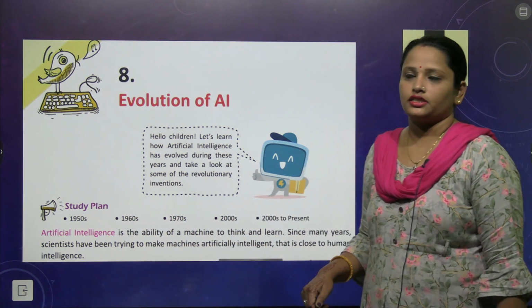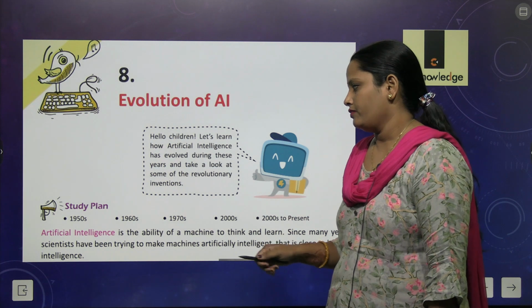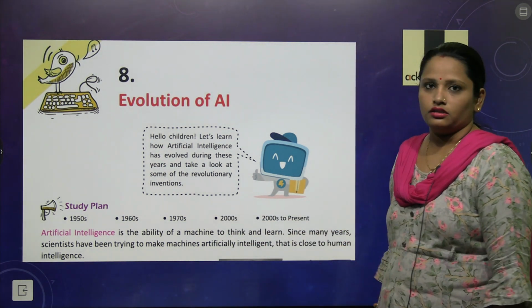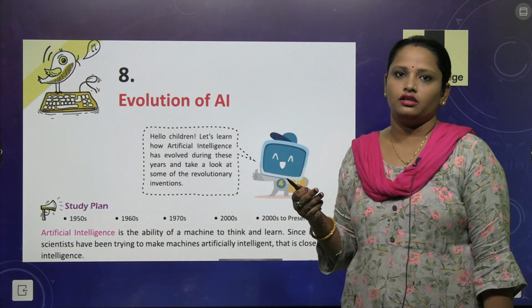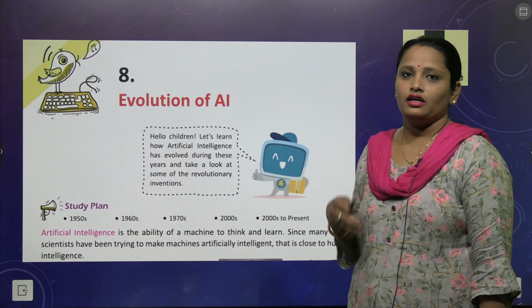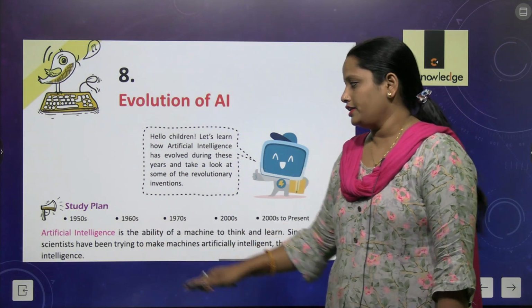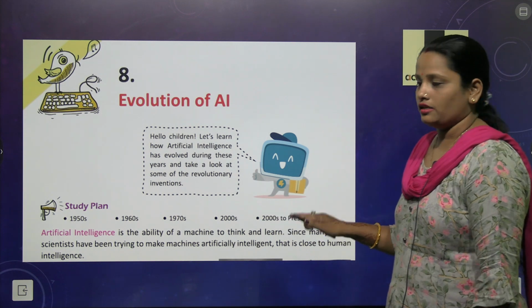Artificial intelligence, in the short form we can say AI, is the ability of a machine to think and learn. So, as we can think and learn, we can feel. Same way, scientists are developing day by day, and they have created artificial intelligence which can think and learn.